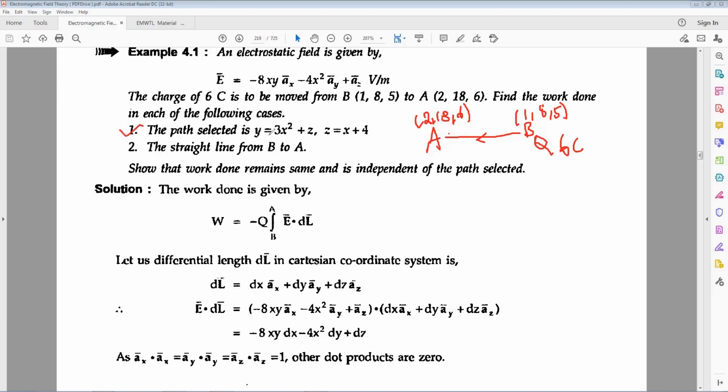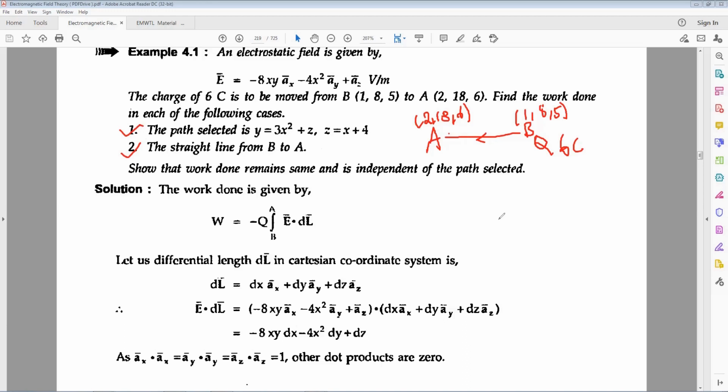The first one is the path selected: y is equal to 3x square plus z, and z is equal to x plus 4. The electrostatic field is E bar. They're asking to find the work done.